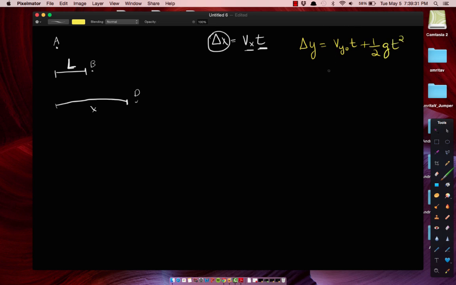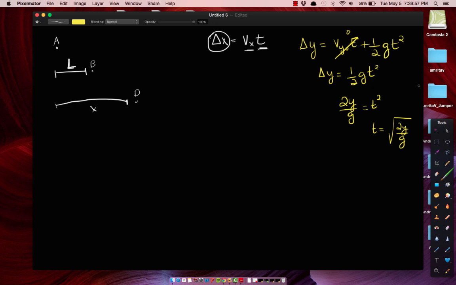And because there's no initial y velocity, this goes to 0. So delta y is equal to 1/2 g t squared. So move things around: 2y over g is equal to t squared. So we know that t is equal to the square root of 2y over g.